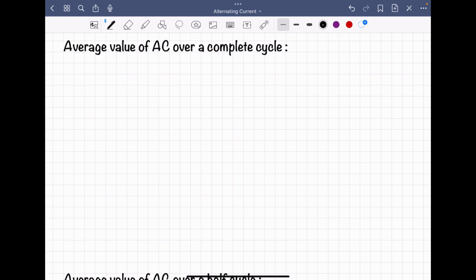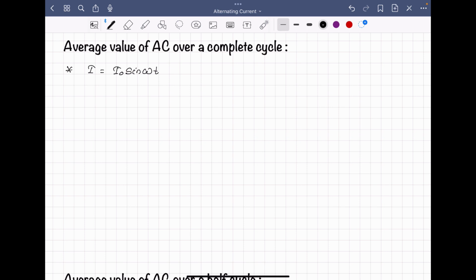Then we have the average value of AC over a complete cycle. AC means alternating current. So for alternating current, we can write I equal to I naught sin omega t.